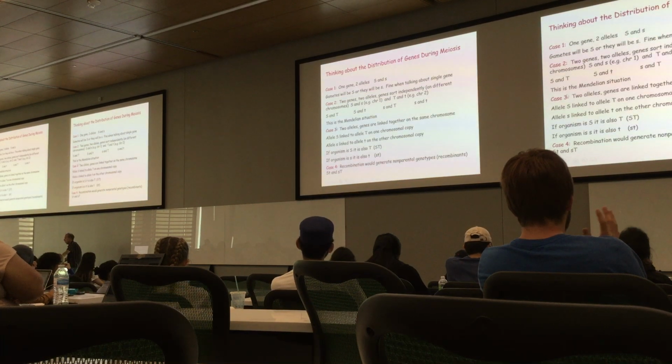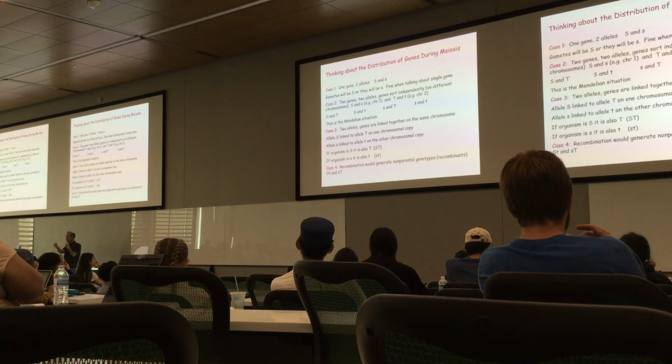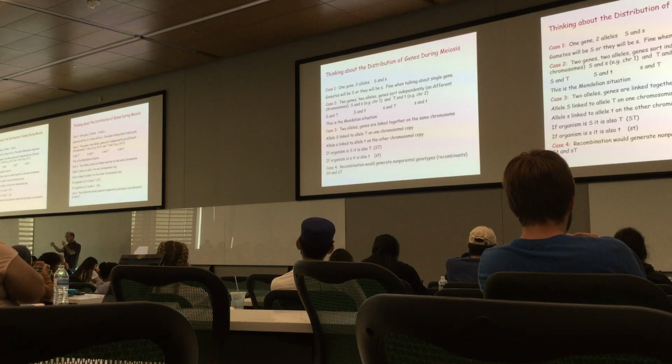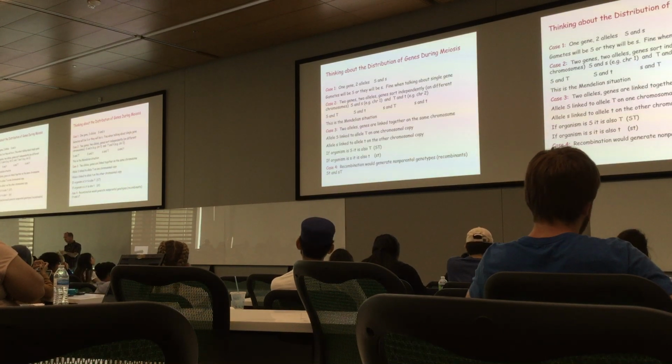Case three, here's a possibility that you have two alleles of these two genes, S and T, but they're linked. So you've got an S gene here, and you've got a T gene along the same chromosomal DNA. The question is, what happens then? One possibility is that they always go together. Whatever you have on one chromosome, you're going to get the associated allele of the T gene because they're connected physically.